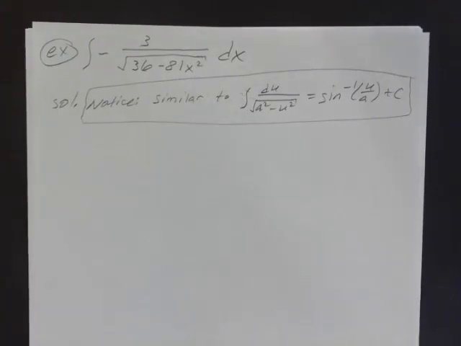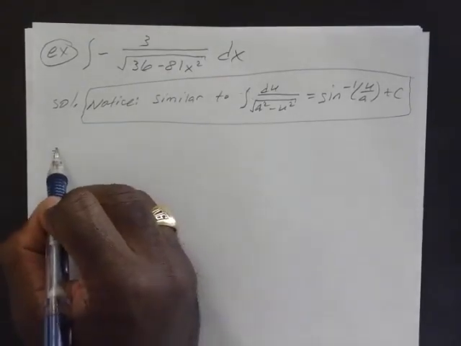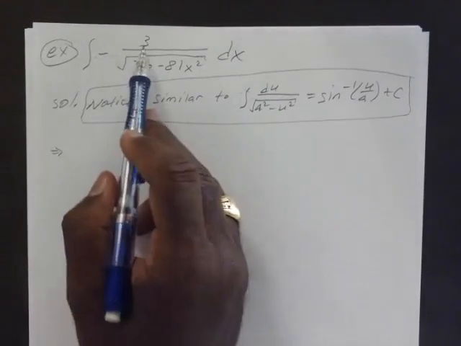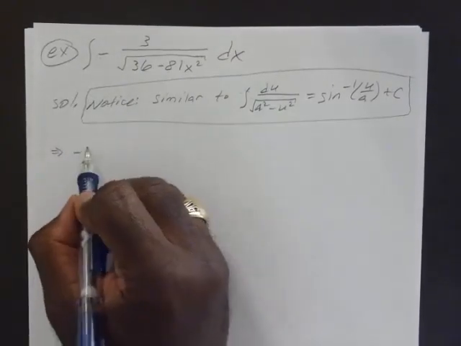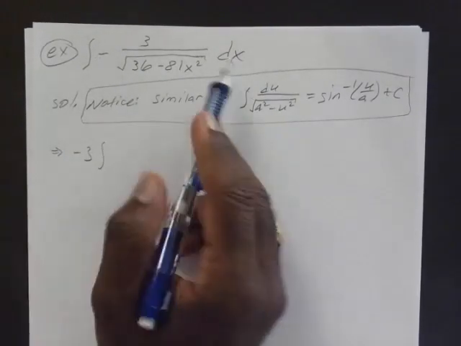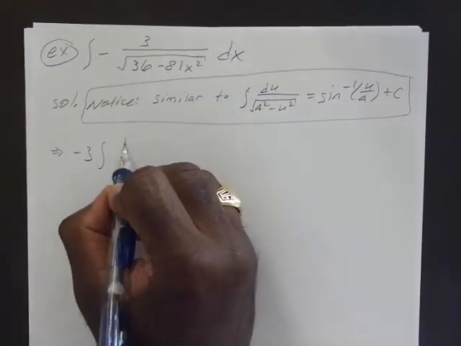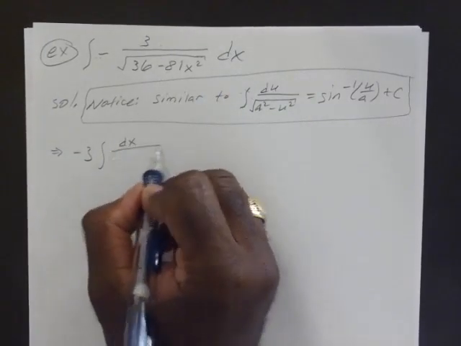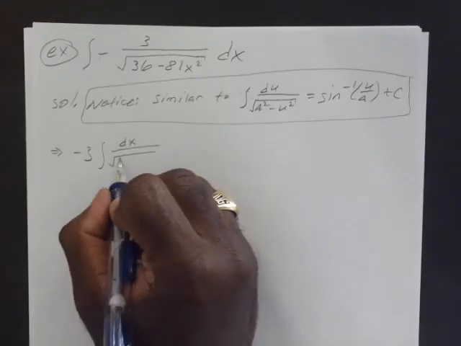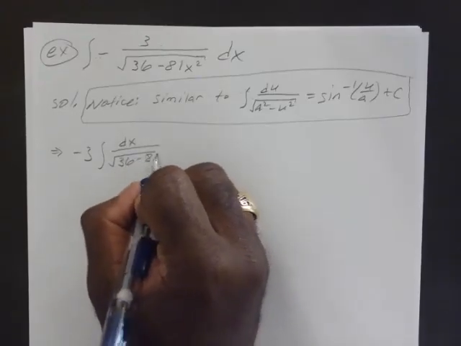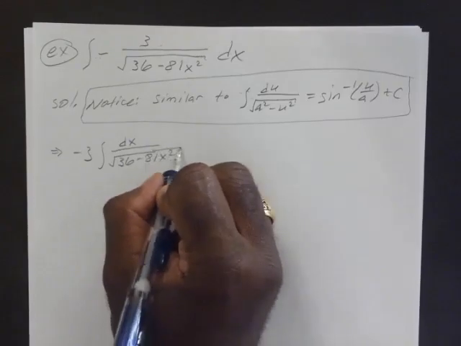So we can figure out what's our u, what's our a, what's our du. So we factor out that -3, just bring that right out to the front and move our dx up top. So that's divided by the square root of 36 minus 81 x squared.